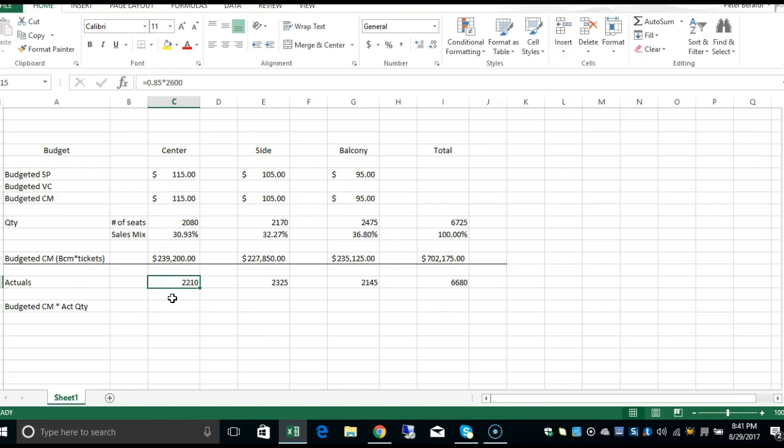That's basically the definition of a flexible budget: taking the budget prices and costs at the actual volume or actual activity. So we're going to take the budgeted contribution margin times actuals, and do that across.